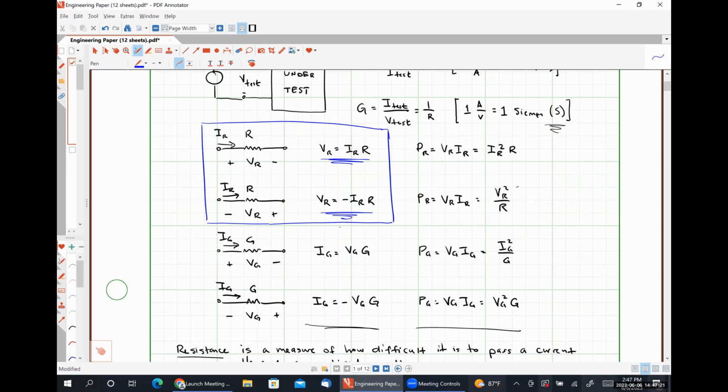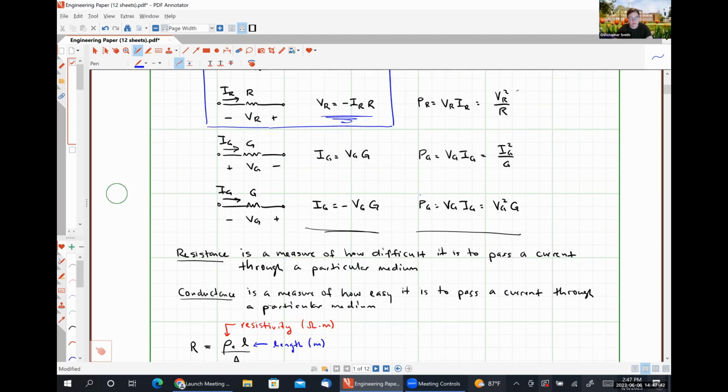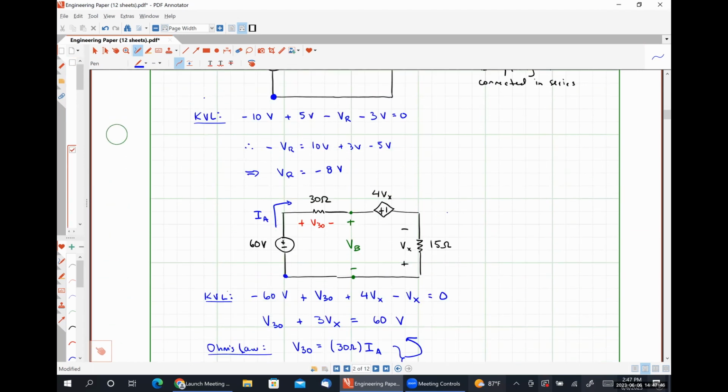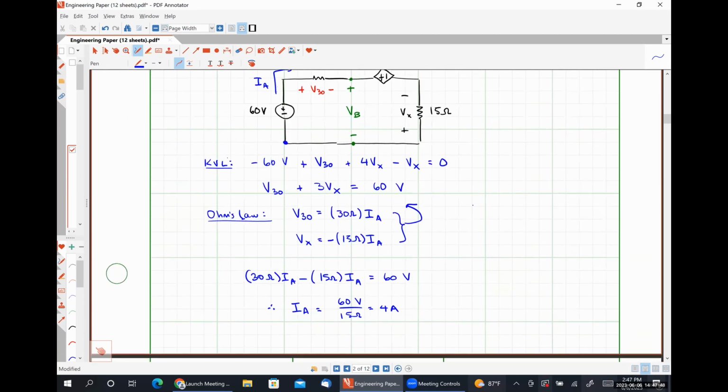So as long as you understand that when the current is flowing into the positive polarity terminal, Ohm's law gets a positive sign, and when the current is flowing into the negative polarity terminal, Ohm's law gets a negative sign, it's really only one equation that you need to use and need to remember. Okay, that makes sense. Thank you. No, questions are great. So I'm pleased that you guys are engaged.